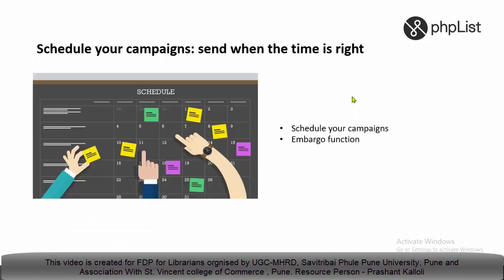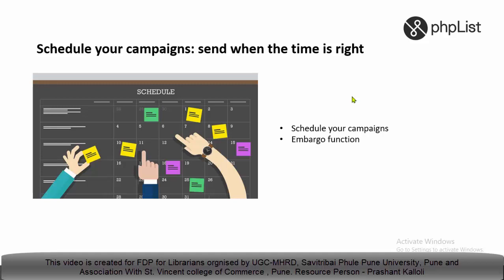Schedule your campaign and send when the time is right. Previously, we were sending mails to users when we were free, just sending in bulk to the 500 or 600 users. There was no scheduling. Now we can schedule and send our emails at the right time for us and for our users too.